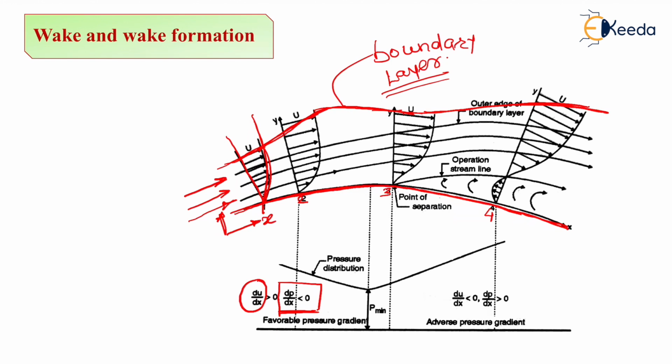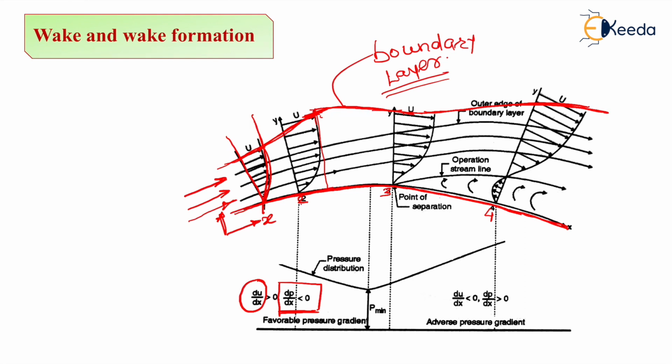If I talk about boundary layer thickness, it is increased at point 2 when compared with point 1. So this is the boundary layer thickness delta. This is increased over this region like this. So it is clear that if we are directing the fluid flow in a particular direction, then it will not remain continuously in contact with the curved surface.